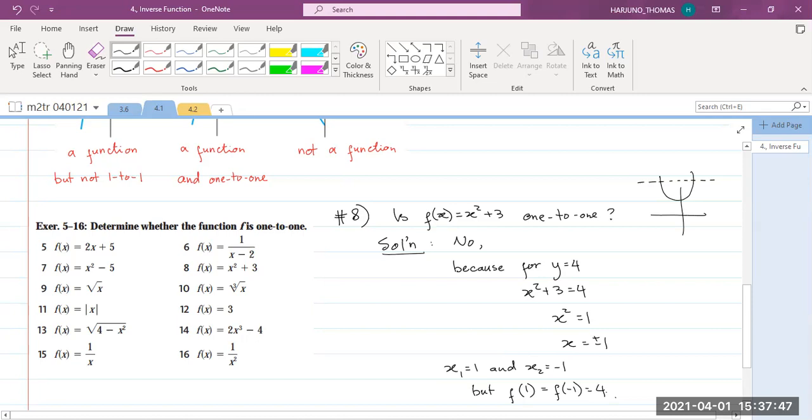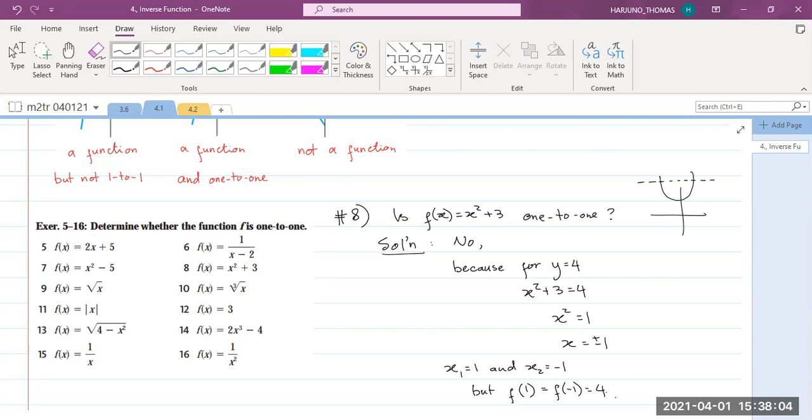So it is not one-to-one. To show that it is not one-to-one, you just need to show a counterexample: pick a y that gives you two different x values.